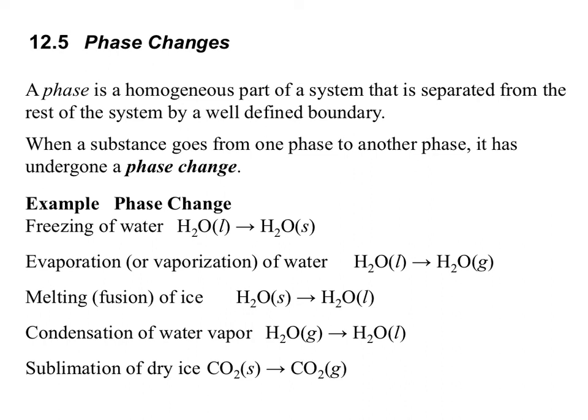Evaporation of water, where the liquid turns into a gas. The fusion of ice, or the melting, when a solid turns into a liquid. The condensation of water vapor, when water gas forms water liquid. And sublimation of dry ice, where solid carbon dioxide spontaneously turns into gaseous carbon dioxide.